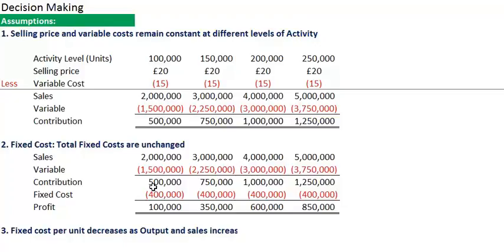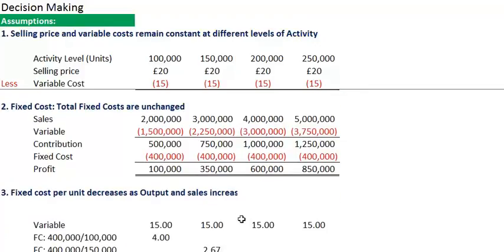Contribution, the difference between sales revenue and total variable cost, is 500,000 pounds. When you deduct fixed cost of 400,000, you get a profit of 100,000 at 100,000 level of activity. Likewise, you can see our total profit increases when the level of activity is increased.